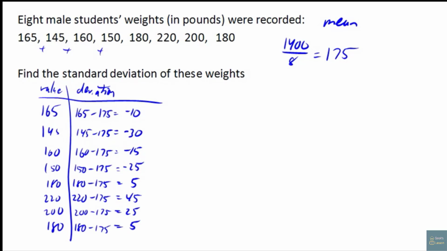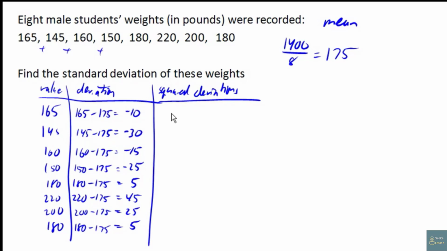Now that we have all the deviations calculated, we can find our squared deviations by squaring each of these values. Negative 10 squared is 100. Negative 30 squared is 900. Negative 15 squared is 225.